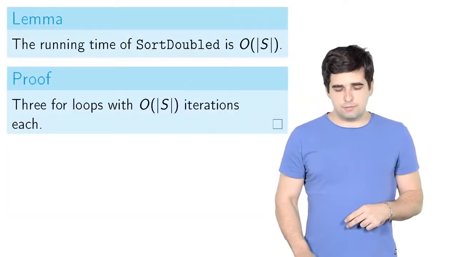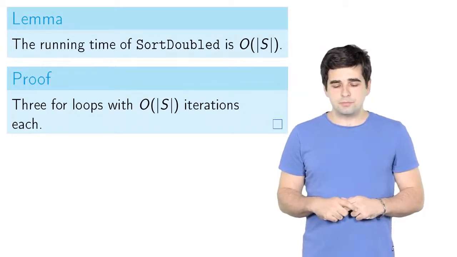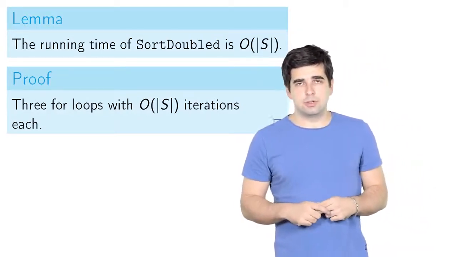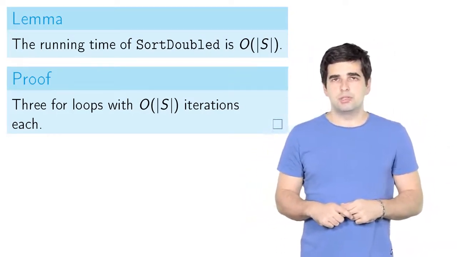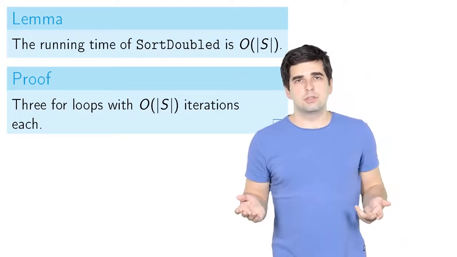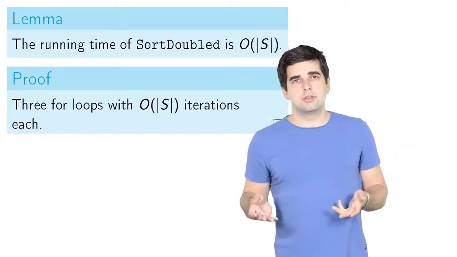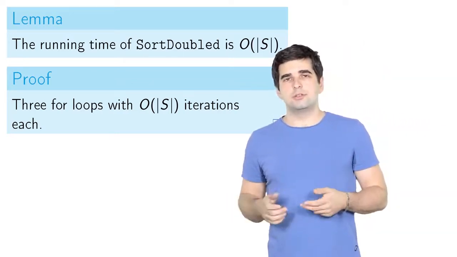So this is the function that sorts all the doubled cyclic shifts. And the running time of this procedure is linear, because this is basically the regular counting sort. Although it sorts very complex objects, in practice in the code it just sorts integers, the equivalence classes of the single cyclic shifts.